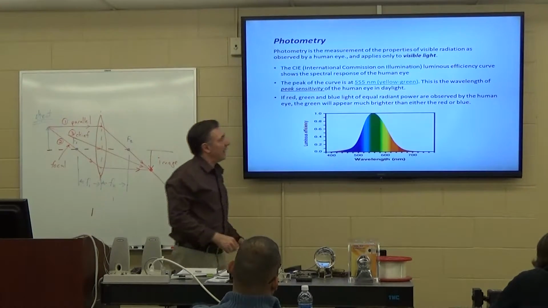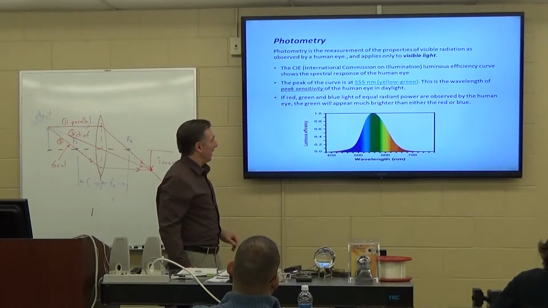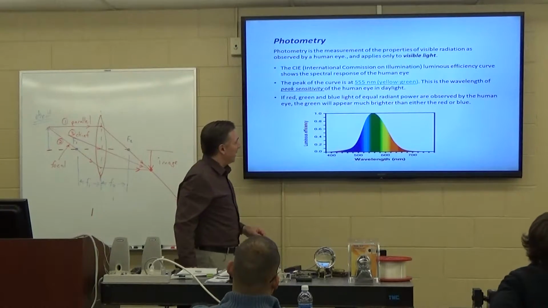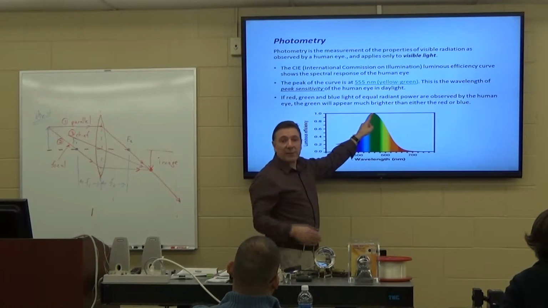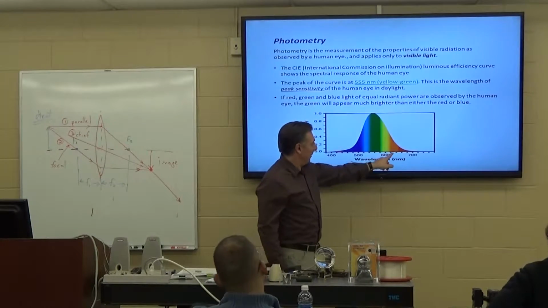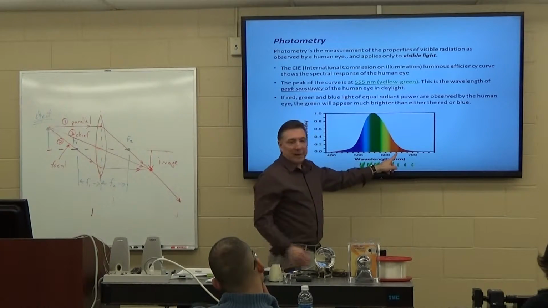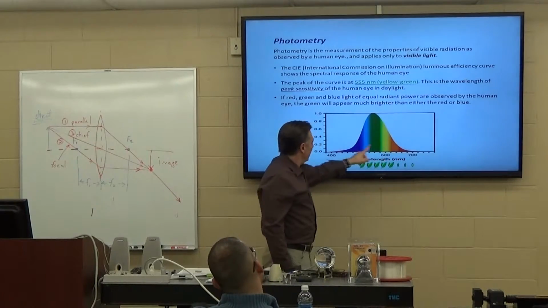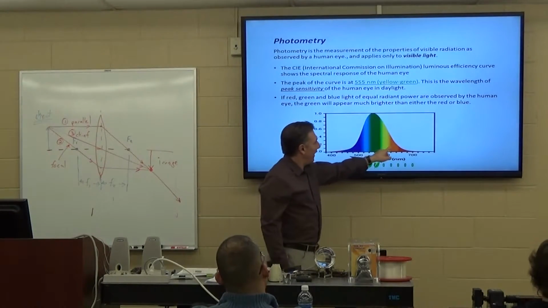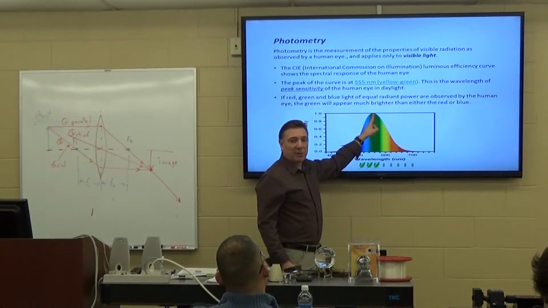So the human eye is actually most sensitive to light of 555 nanometers, which is the yellow-green part of the spectrum, the peak sensitivity. What this shows is that if you are looking at red light, for example, let's say 640 nanometers, which is over here, if you come up and then go over, it's only 2/10 of the sensitivity the eye would have in the green portion of the spectrum.